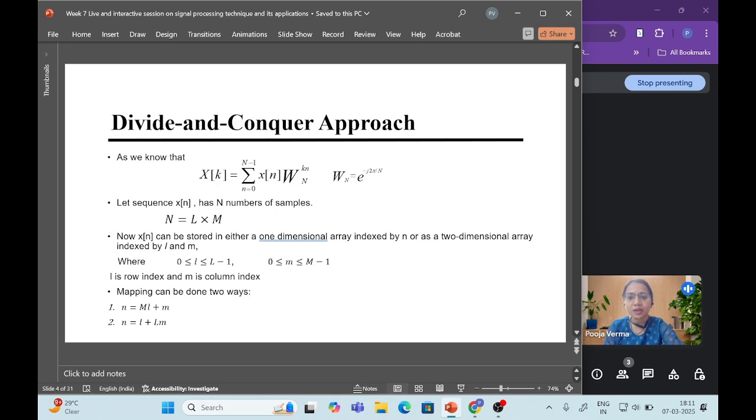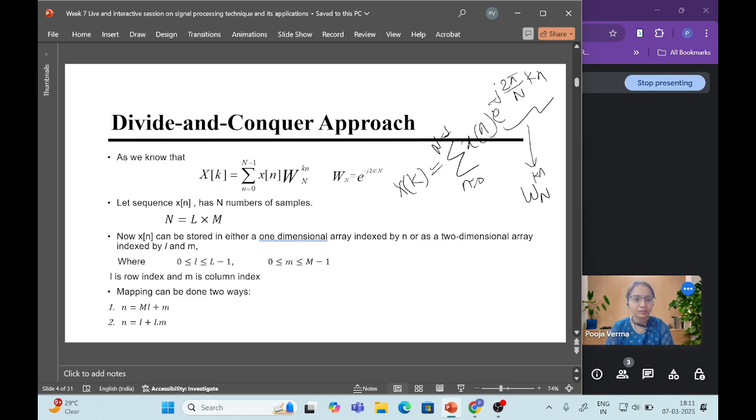This is the equation of the DFT: the sum for n equal to 0 to N minus 1 of x of n e to the power minus j 2 pi by N kn. This part we can also write in this form, W N to the power kn.